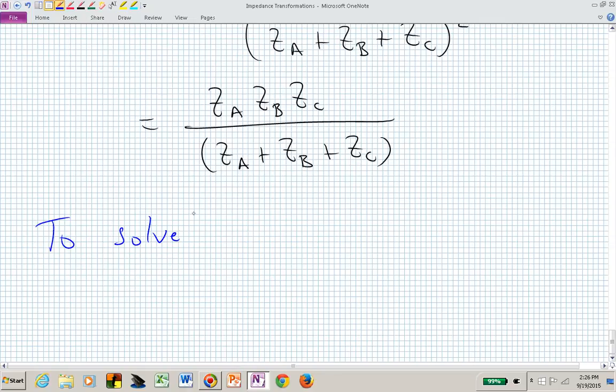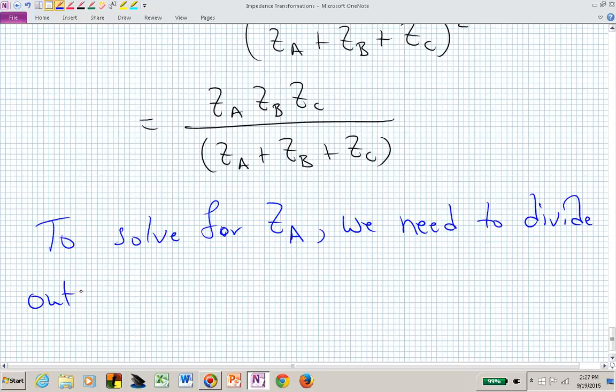To solve for the delta impedance Z sub A, we need to divide out Z sub B, Z sub C in the numerator of that expression.